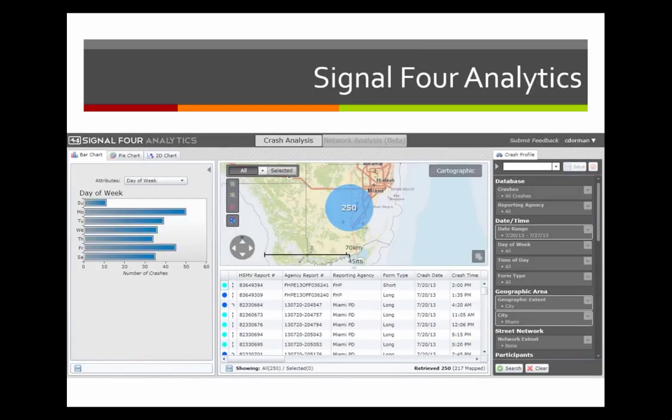And so the first tool that I used to analyze the data with I-95 Express was Signal 4 Analytics. And this is a very powerful, useful tool. It's web-based. And what I was able to do is really just zoom into the exact segment in question and highlight exactly which lanes I wanted to look at and extract all the crash records from whatever period I wanted.